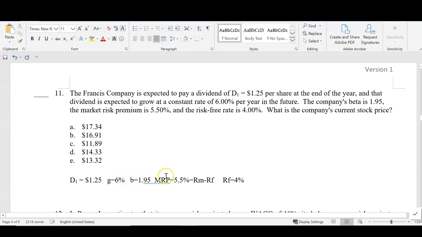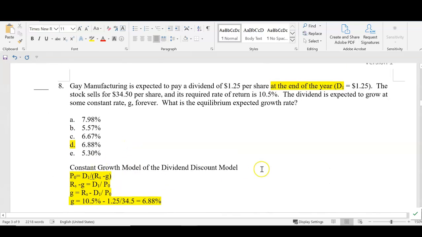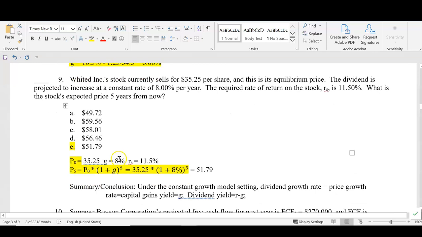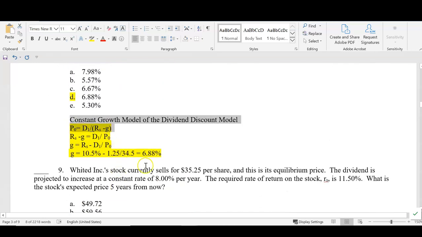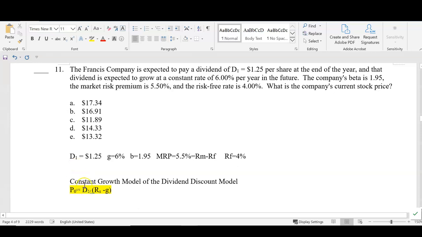So if we want to look for the stock price, we could probably use the constant growth model version of the dividend discount model. I'm going to copy the model as well. That's P0 equals D1 over RS minus G. However, we know D1, we know G, we do not know RS here.